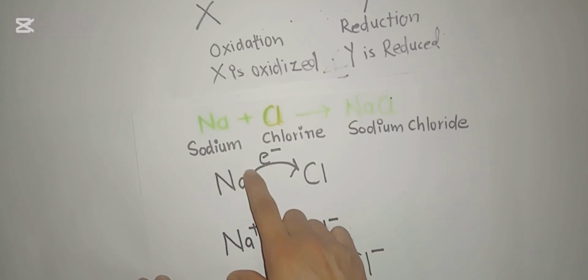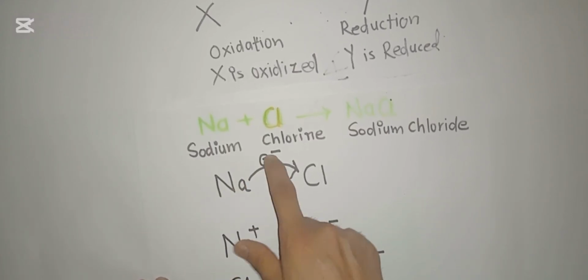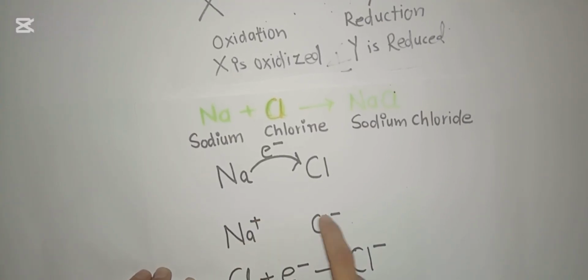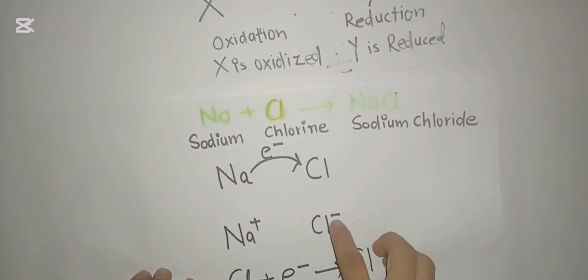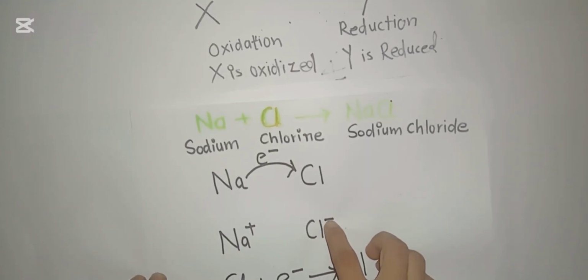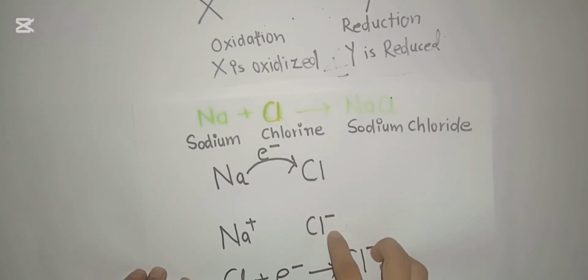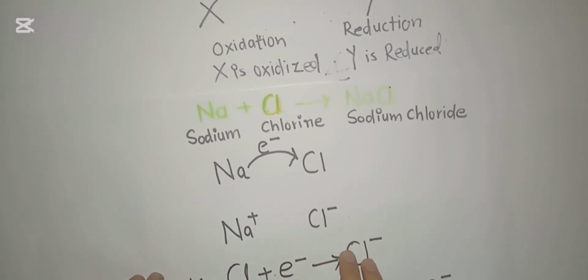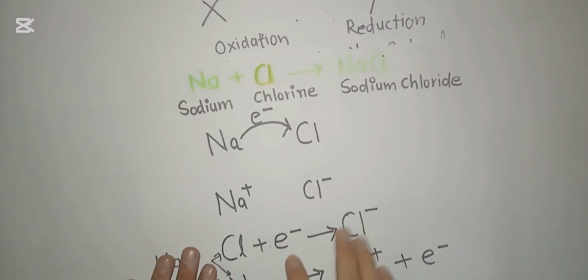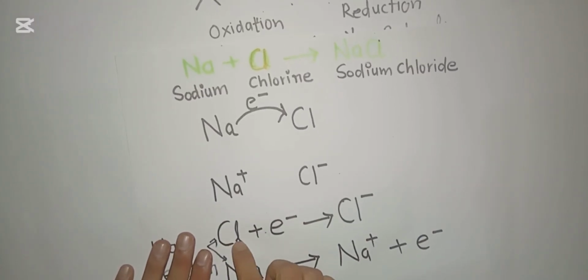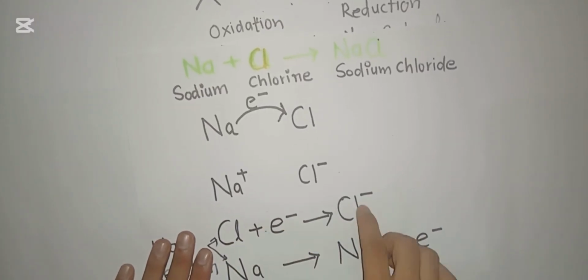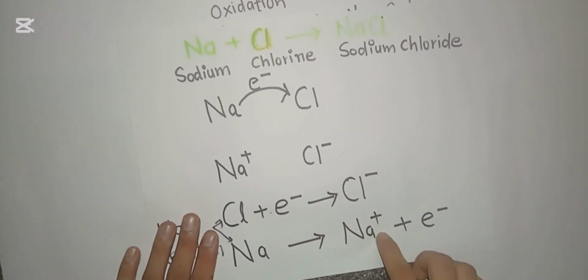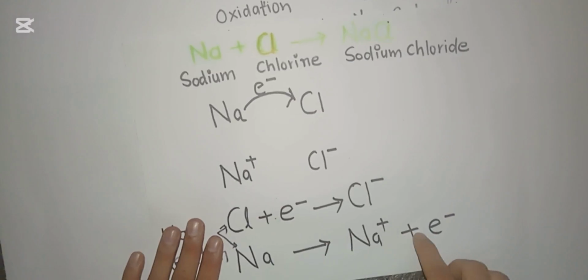As we have already said, sodium gets oxidized, so it bears Na plus, and chlorine gains an electron and gets reduced, so it bears Cl minus charge. Now we can simply write: chlorine gains an electron and forms Cl minus ion, and sodium loses an electron and forms sodium plus ion.